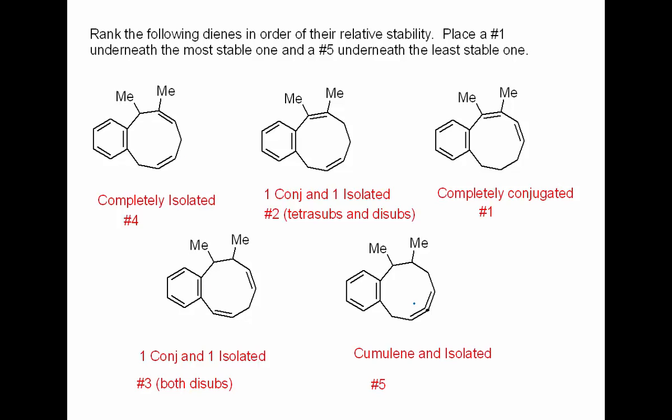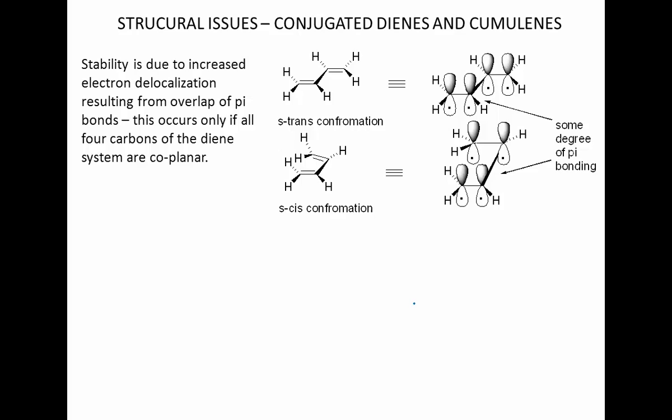Okay? All right. Let's look at some structural issues of conjugated dienes and cumulenes. What is making a conjugated diene more stable? It has to do with the fact that when you have these 4 consecutive sp2 carbons and you draw them planar, our p orbitals can overlap all throughout these 4 carbons.